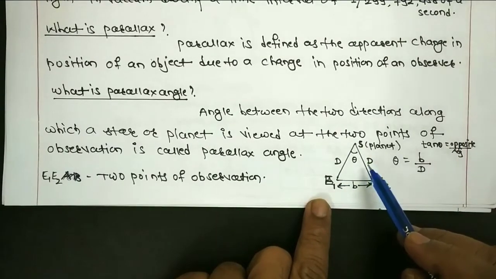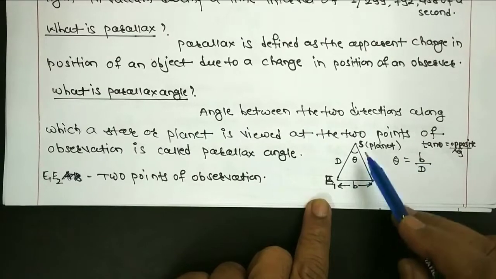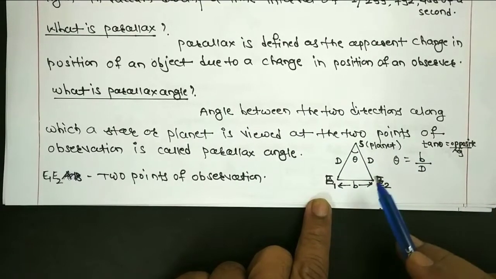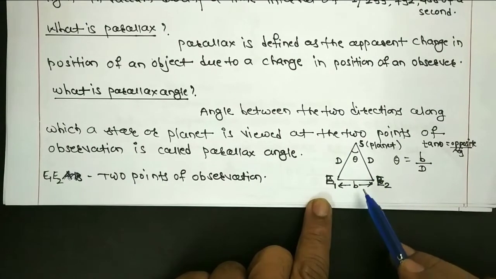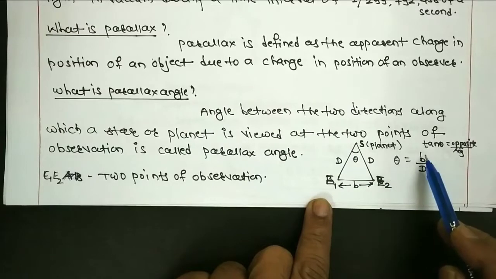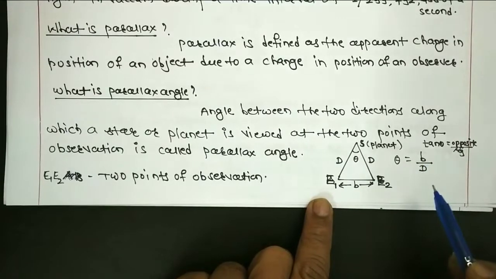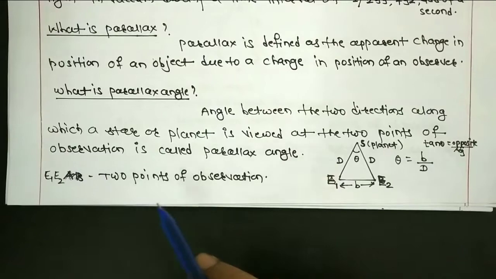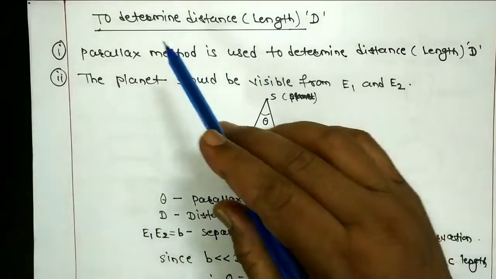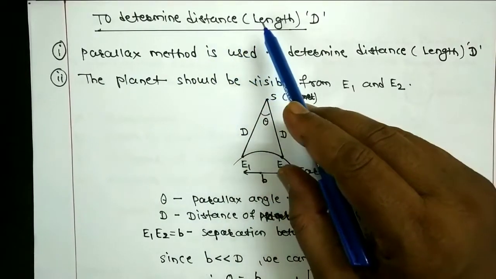From the figure, tan theta equals opposite side by adjacent side. So tan theta equals b by d. As theta is very small, therefore theta equals b by d. E1 and E2 are the 2 points of observation.